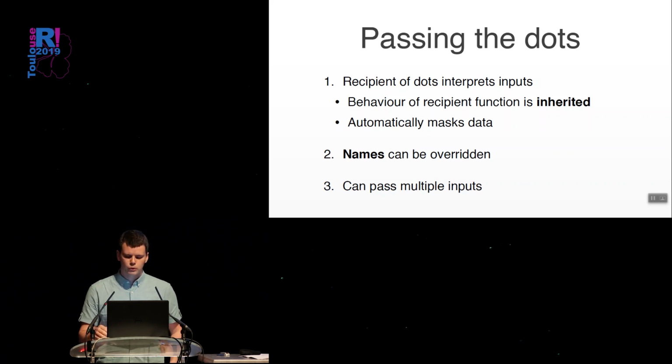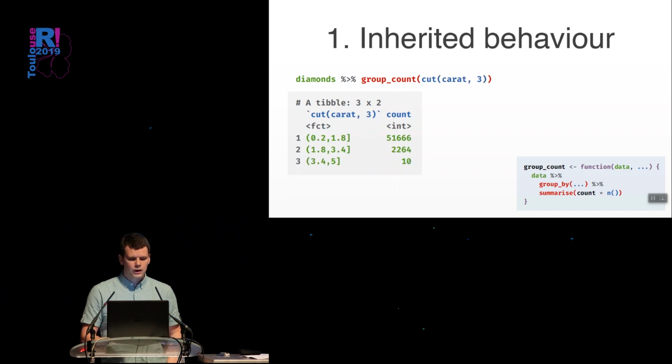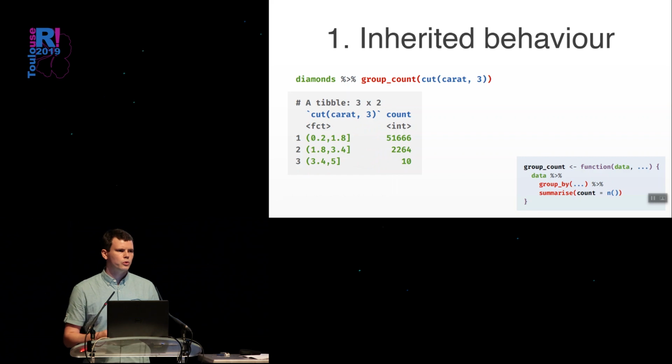And you can, of course, pass multiple arguments through dots, and that makes your function take multiple inputs. So here we see that with our new function, we have a data masking function. We can pass cut, like refer directly to it. We can create new columns on the spot because that's what group by does.